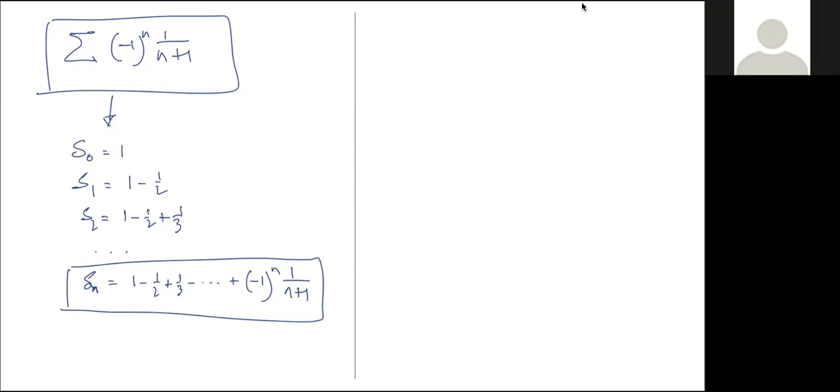So say we take all the positive terms together and all the negative terms together. Okay, do that then. So say 1 plus 1/3 plus 1/5. So that will be a sequence of 1 upon. So what will this sequence be? 1 upon the odd number.